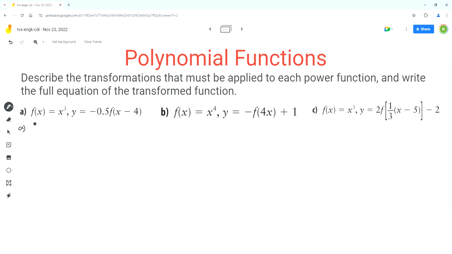The given power function is f(x) equals x cubed. The transformations for f(x) are given as y equals negative 0.5 f(x minus 4).